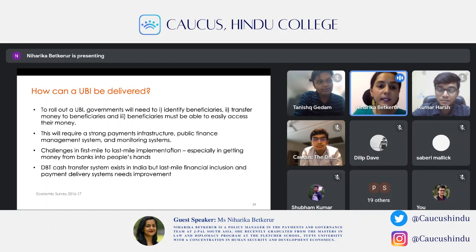And finally, I think very important is, how can a UBI be delivered such that it is reaching the recipients in a regular and reliable way? So for this, the Economic Survey 2016-17 suggests that governments will first need to identify beneficiaries, then it will need to transfer that money to beneficiaries, for which it needs a really strong public finance management system, making sure that it goes all the way from the treasury to the bank account of an individual person.